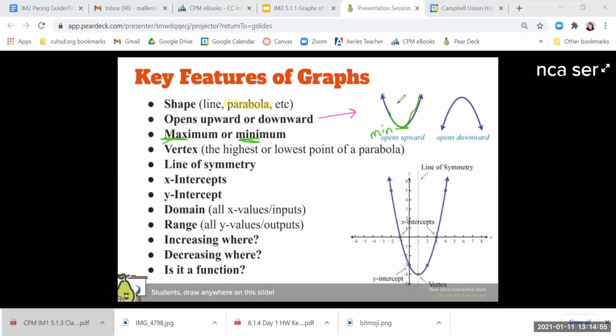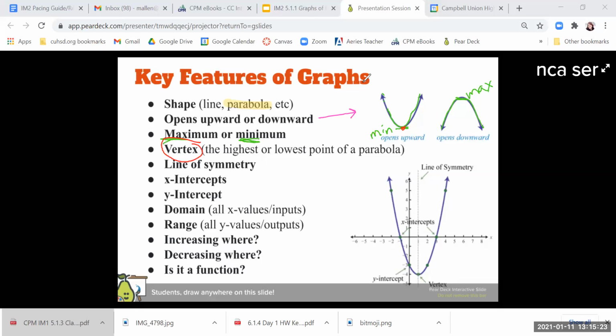So you'd go down the hill, you'd hit the bottom of the valley, and then you'd have to work your way back up. Whereas the other one, you would climb the mountain. You're climbing up and up and up, and you hit the top, and then you can come back down. So there's a high point here, which is a max. So we have a minimum or a maximum depending on the graph. And each minimum or maximum is located at this very, very important special point called the vertex.